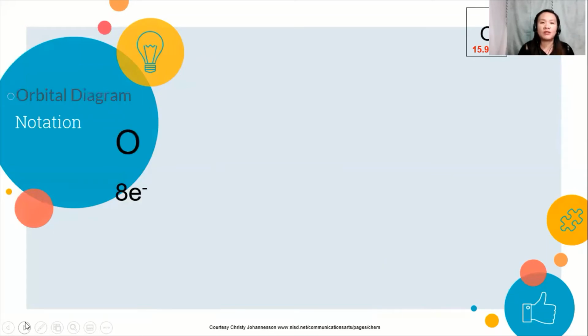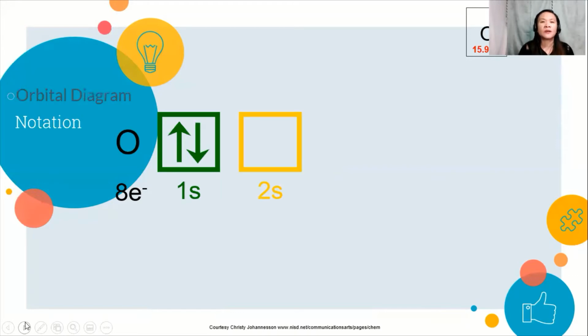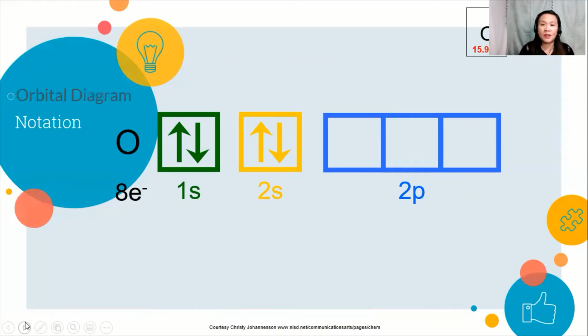Oxygen has 8 electrons. So we have 1s, and for 1s, we have 2 electrons with opposite direction. The next one is 2s, which has only one orbital, and so 2 electrons inside this orbital. And for 2p, we have 3 boxes, because remember that p has 3 orbitals.